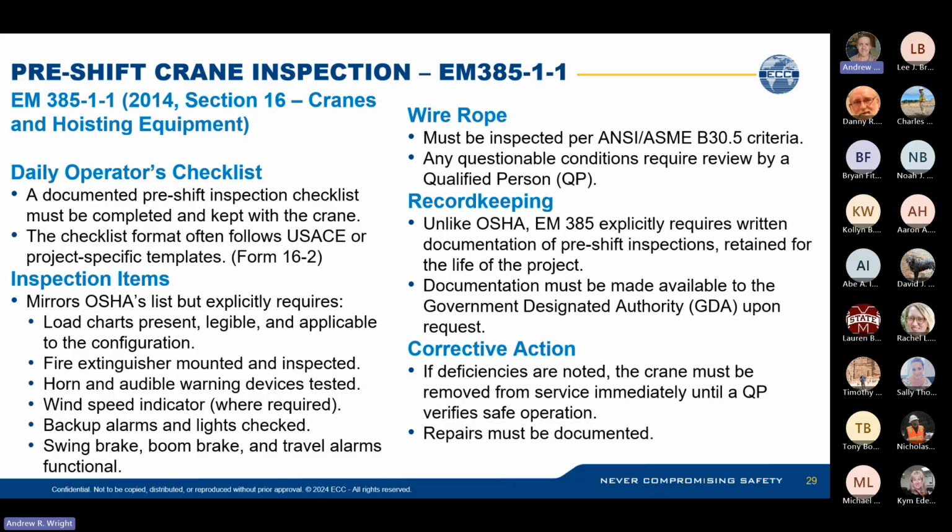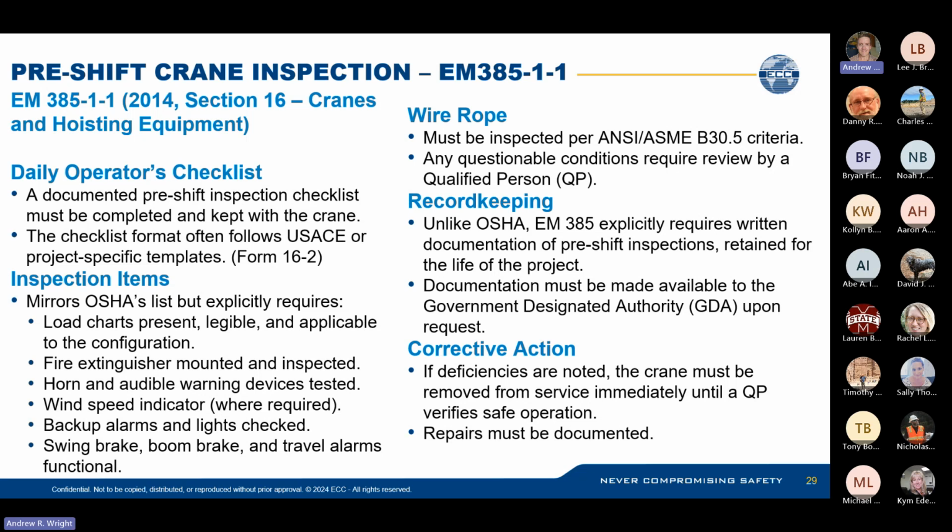Make sure the wind speed indicator is working. Make sure the backup alarms and the lights are checked. Check the swing brake, the boom brake, and travel alarms. That's what stops the load when it's coming down, being lowered. Wire rope inspected per ANSI, ASME criteria, and any questionable conditions require review by a qualified person.